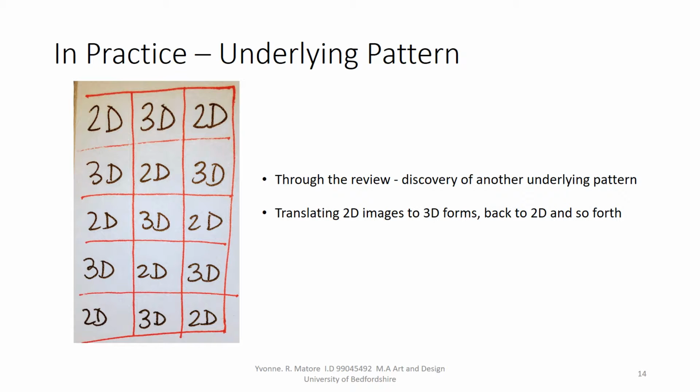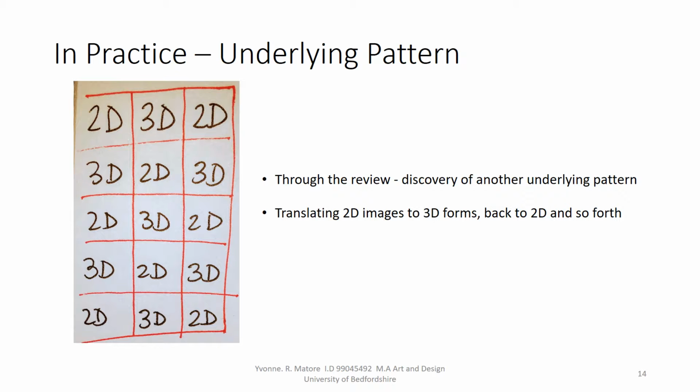In reviewing this process, I discovered another underlying pattern which has developed quite unwittingly and quite interestingly. One of the elements of this pattern is that I've been translating 2D images to 3D forms, back to 2D, and so forth.